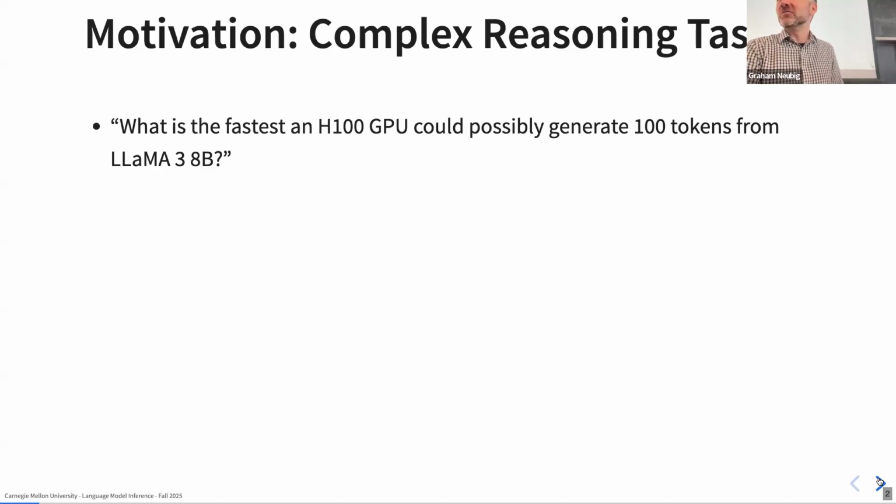Any brave person want to? I'm not asking you to answer it. I'm asking you how to start to answer it. Yeah. You probably figure out how long it takes for one token, and how would you figure out the lower bound of how long it would take for one token?